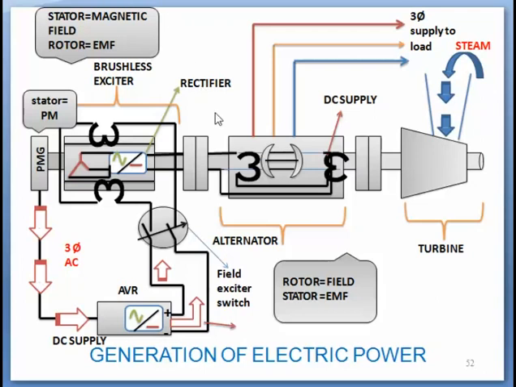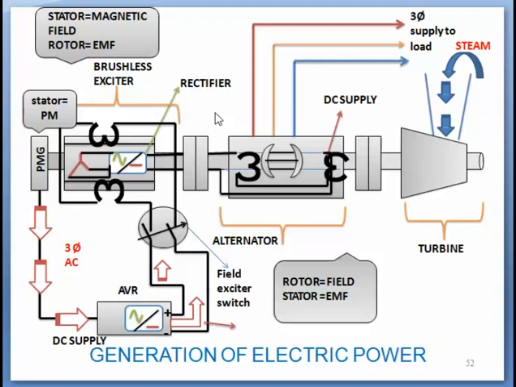The generator terminal voltage is maintained at 15.75 kilovolt, which is then stepped up to 220 kV or 400 kV by the generator transformer, that is GT, depending on the grid voltage.